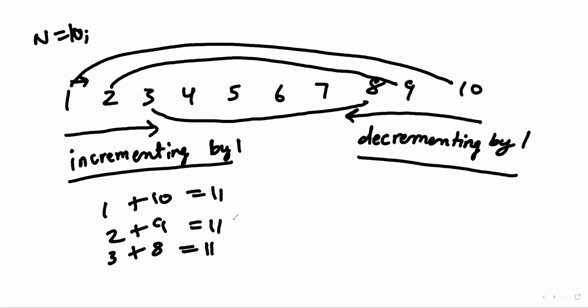So we can see that it is a pattern that is repeating. And if we keep on doing that, 4 plus 7 and 6 plus 5 will also give us 11, and so on. So we have made an observation, and let me write it in this way.